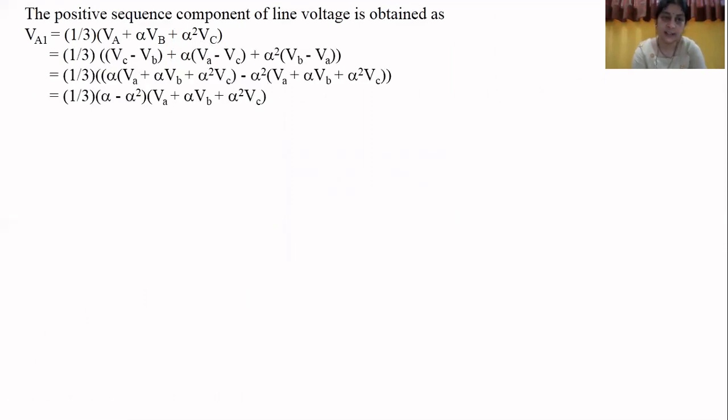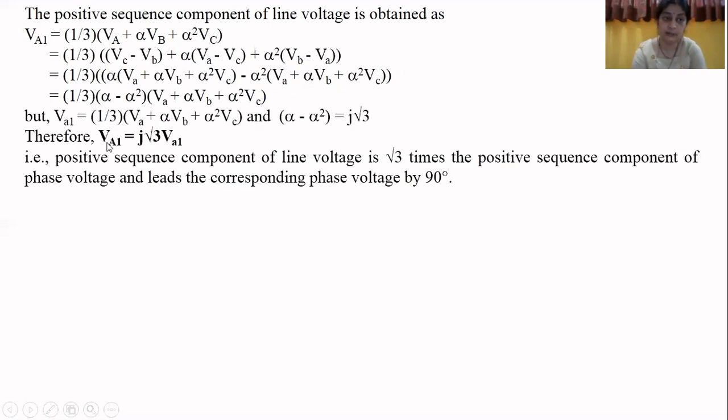And we understand that 1 by 3 times of VA plus alpha VB plus alpha square VC is nothing but equal to V small a1. And alpha minus alpha square is j times root 3. Therefore, V capital A1 becomes j root 3 times of V small a1. That is, the positive sequence component of the line voltage is root 3 times the positive sequence component of the corresponding phase voltage and will lead it by 90 degrees.